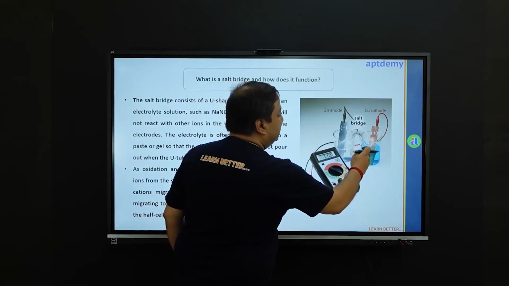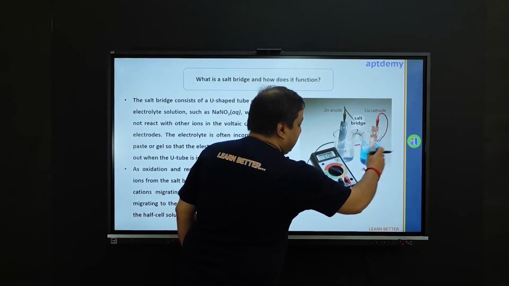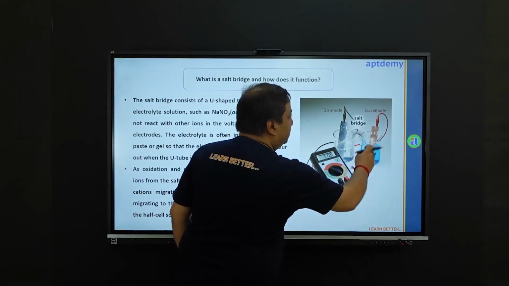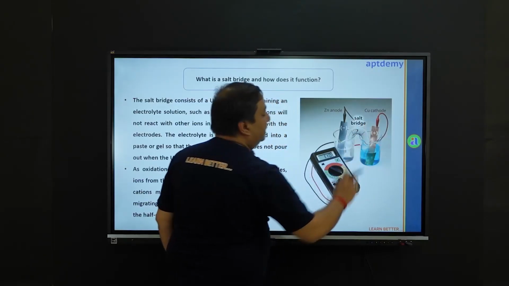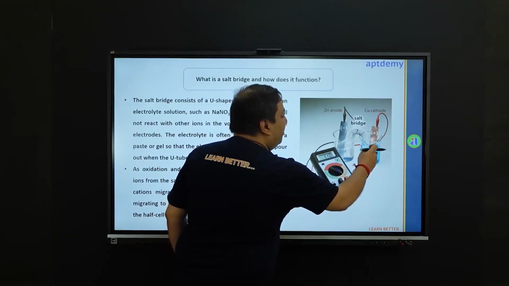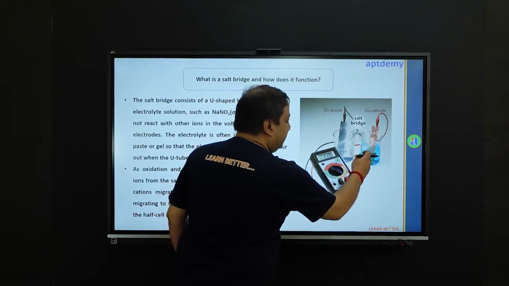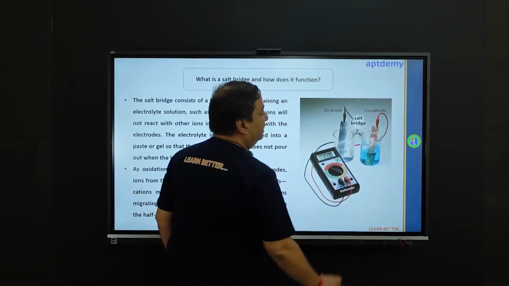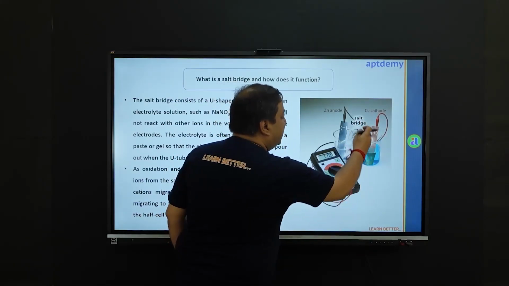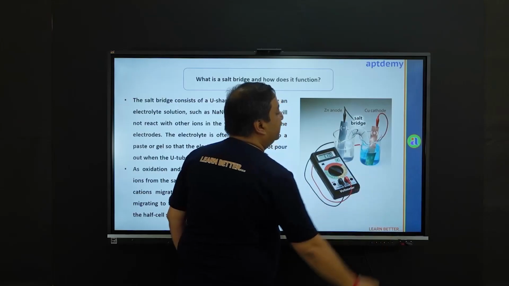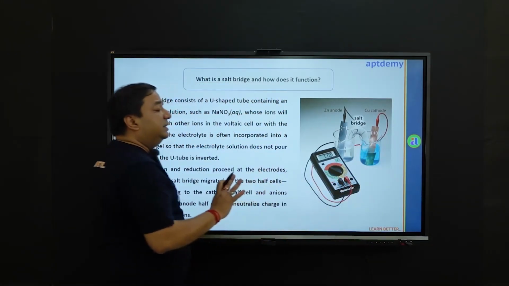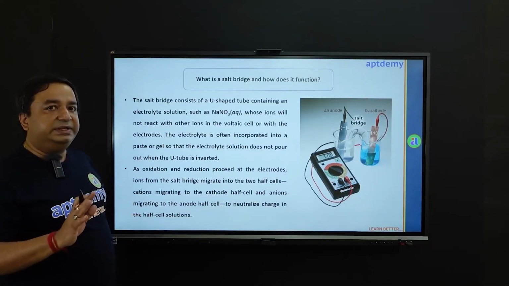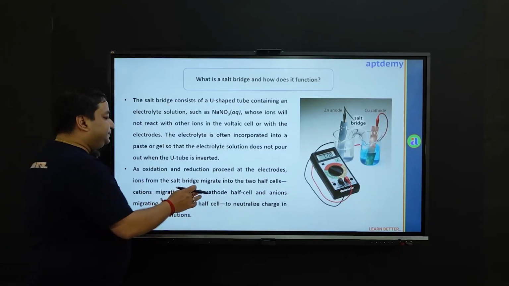Okay, and similarly, as time passes, the copper ions are getting reduced and they are sticking to the copper electrode. So there is a deficiency of the copper ions in this solution, and we will say that to balance the charge inside this half cell, an excess of cations will flow from the salt bridge inside the solution. So what is the role of the salt bridge? To maintain the electrical neutrality of the electrolytic cell. Okay.